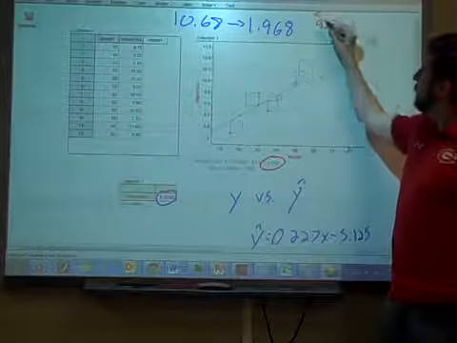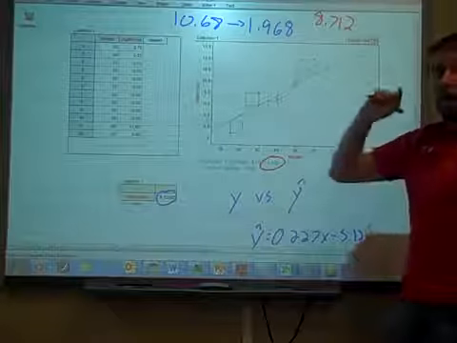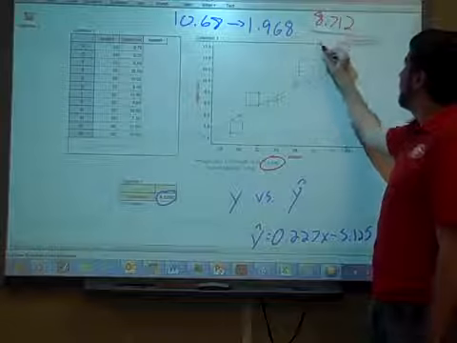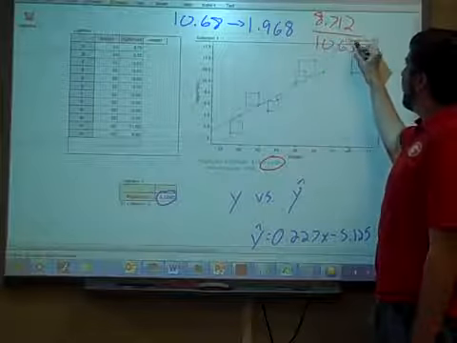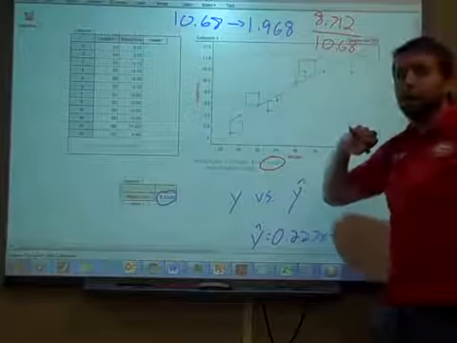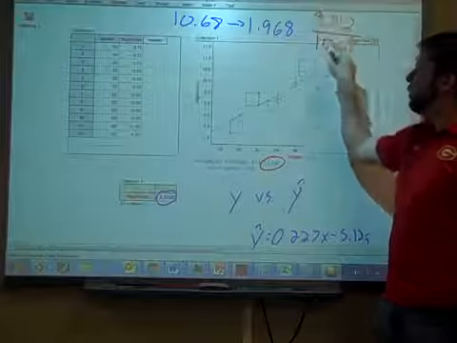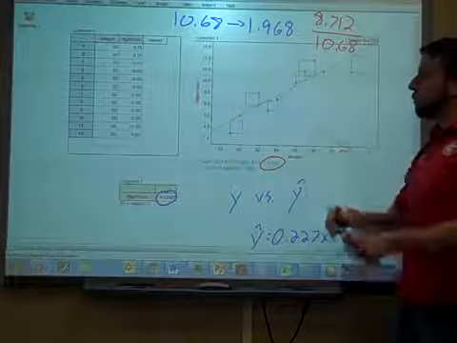Now here's the thing, it's 8.712 out of what I originally started with, right? Out of that 10.68. So out of that 10.68, I was able to get rid of 8.712 by way of the least squares regression line.